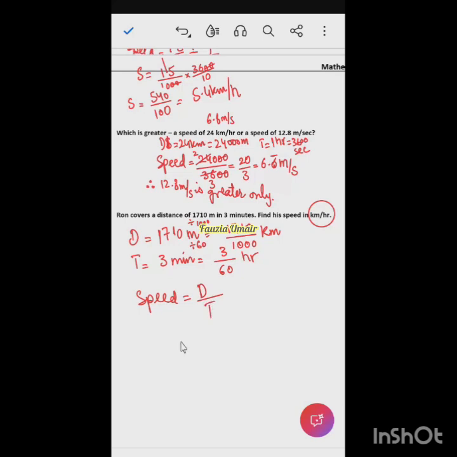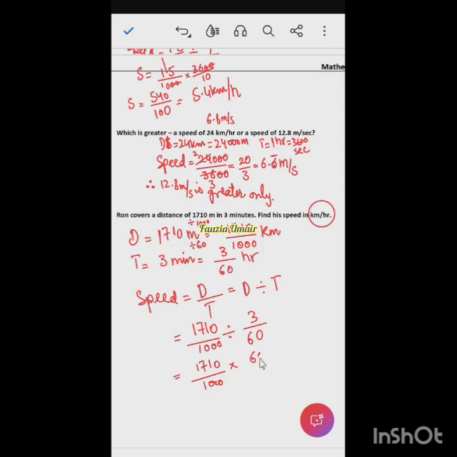I will use the division. So 1710 by 1000 divided by 3 by 60. Now I can just take the reciprocal and do the simplification. 1710 divided by 1000 multiplied by 60 by 3.